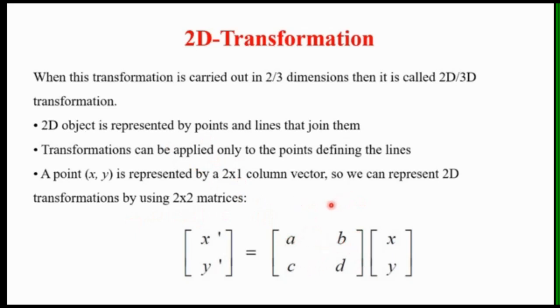This is called a transformation matrix T. When we want to translate or transform an object, either it may be translation, rotation, scaling, in two-dimensional transformation it requires a 2 by 2 matrix. We will see in detail.